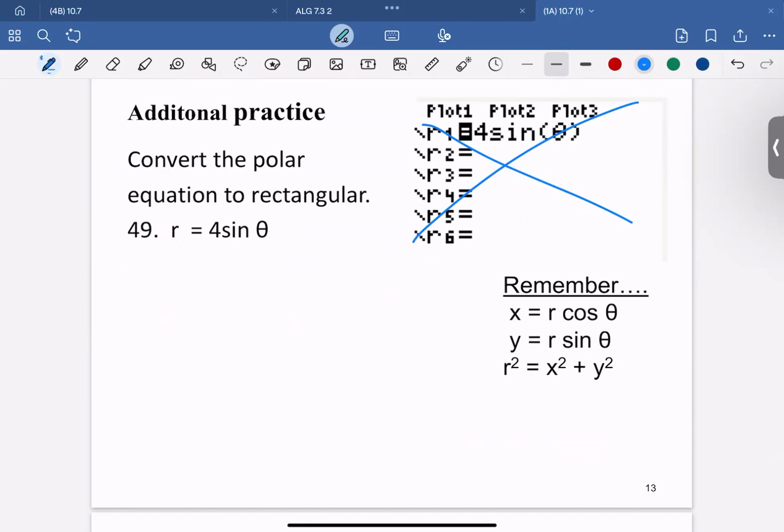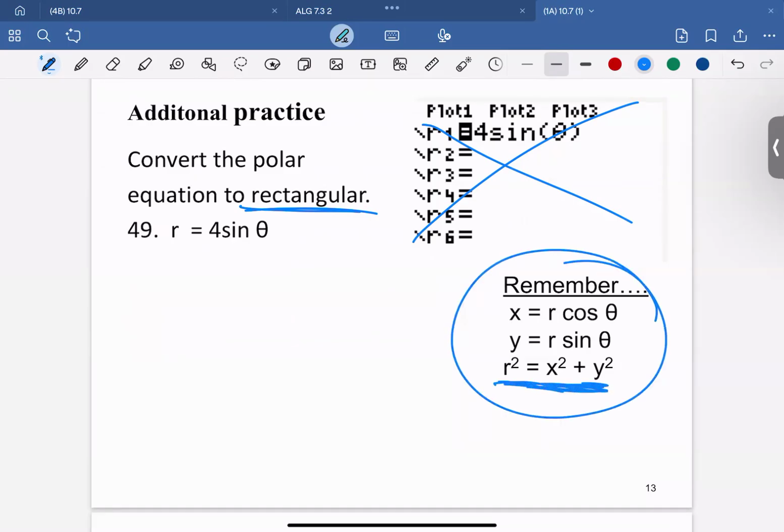But how would I solve this, right? I'm looking at this and I'm trying to convert it to rectangular. So I'm going to start plugging in things. Remember these equations, this looks like it might be helpful, right? Because of this R, but it's not squared, so there's nothing we can do yet.